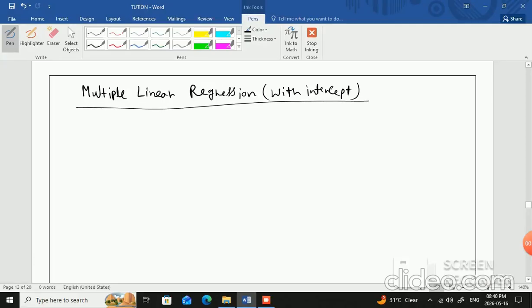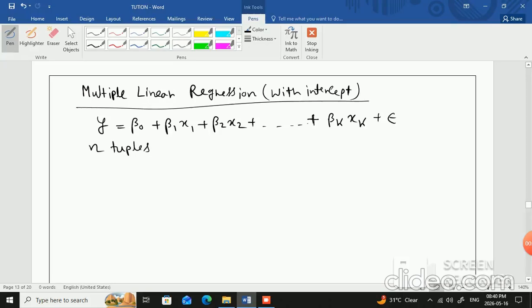Let y equal to beta naught plus beta 1 x1 plus beta 2 x2 plus beta k xk plus epsilon, for n tuples of observation.